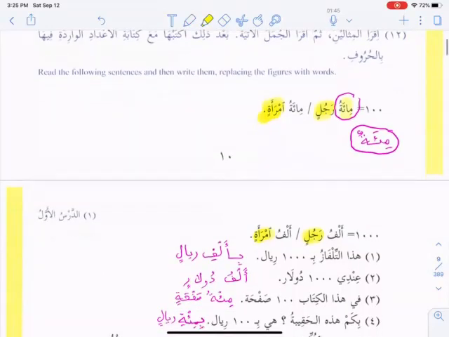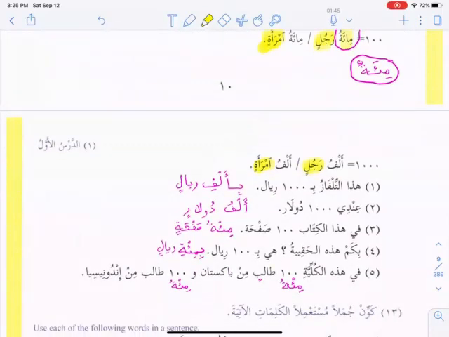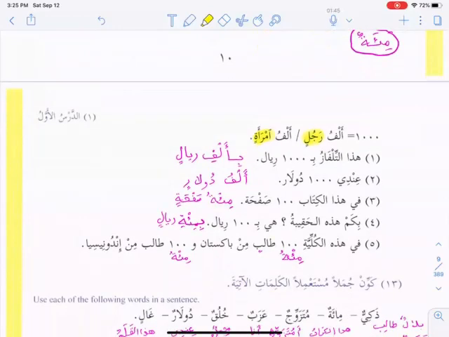Now, same way, 1,000: alfu rajulin, alfu imratin. Now you have to do this. I'm doing it here. You please write it down. It will be very useful to you. Write it down. Haza tilfazu, this television. Haza is the mubtada, and this tilfazu badal bi alfi riyalin. Do you see the ba?